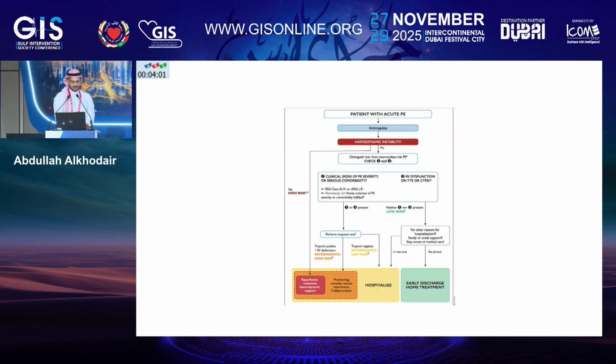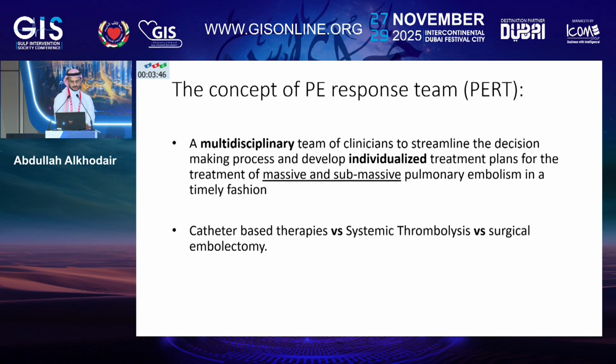So we can see that the decision regarding treatment is a bit complex, and it is not a single person decision, and it should come from a multidisciplinary group, and this was the idea of the PERT team. So basically it is a multidisciplinary team from different specialties to develop individualized treatment plans for patients with massive and submassive PEs.